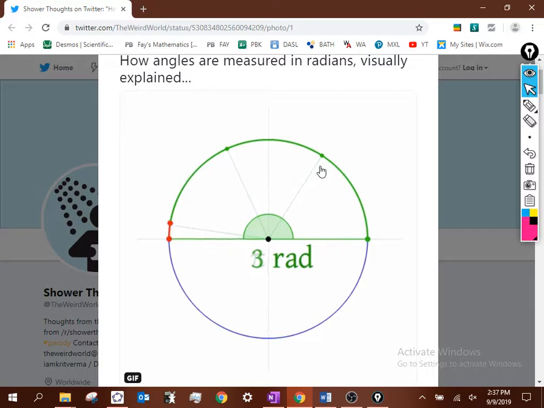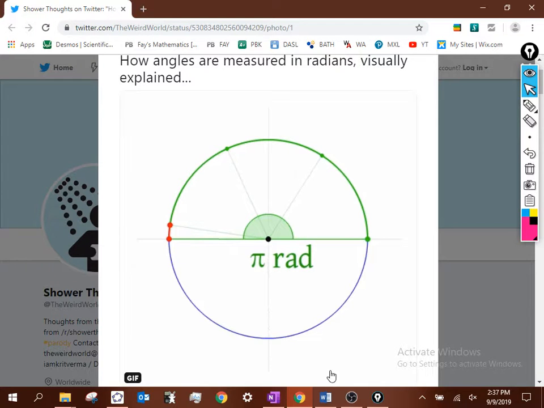And right there is pi radians. How many degrees would that be? If I look at that green angle that's being traced out there, how many degrees is that? 180. There's a conversion factor right there.